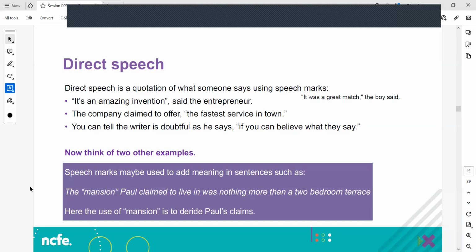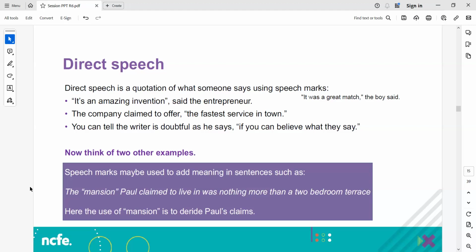So Paul has told people he lives in a mansion, and somebody's seen his house. They've seen it's not a mansion, it's a 2-bedroom terrace. So they are being sarcastic or deriding his claims by putting the word mansion in inverted commas. Okay, any questions about that?